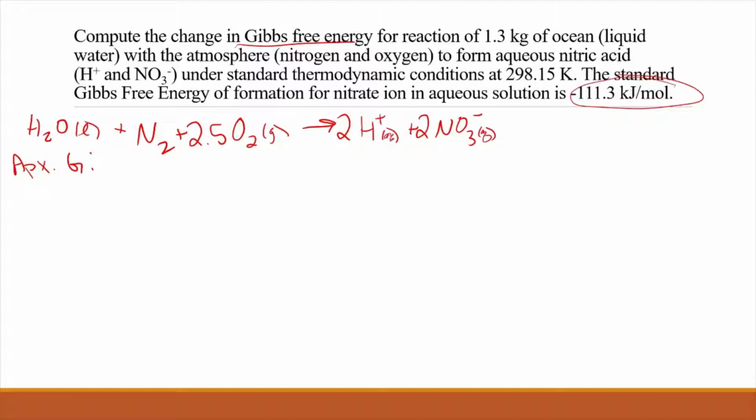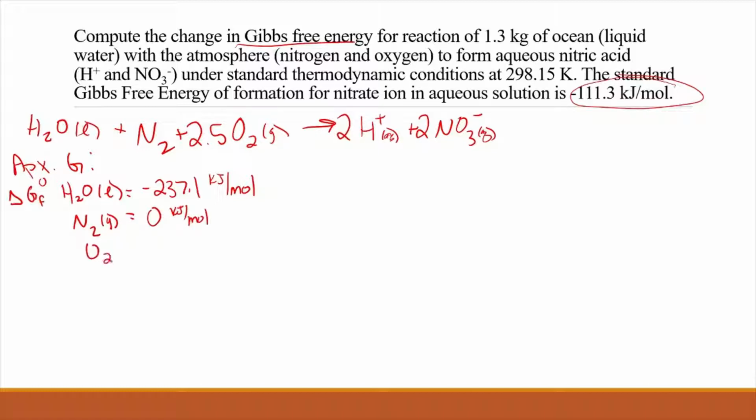Okay, so looking at our reactants, the delta G standard of formation for liquid water is equal to negative 237.1 kilojoules per mole. For nitrogen, it's 0.